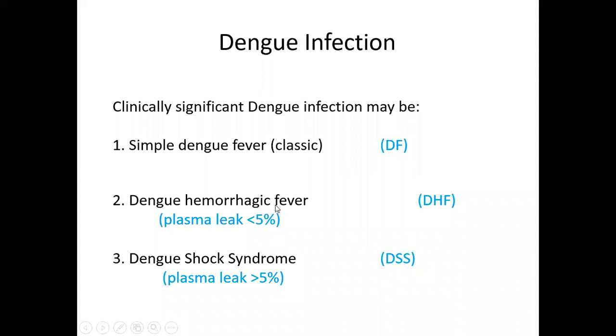In dengue hemorrhagic fever, the plasma leak is less than 5%, while in dengue shock syndrome the plasma leakage is more than 5%. So dehydration occurs in dengue shock syndrome because the plasma leakage is more than 5%.